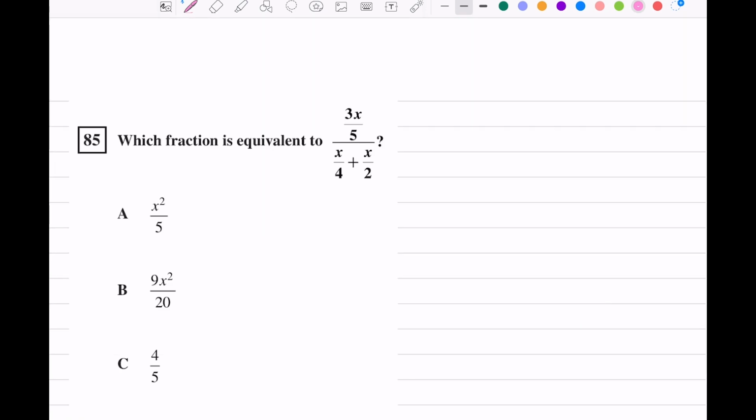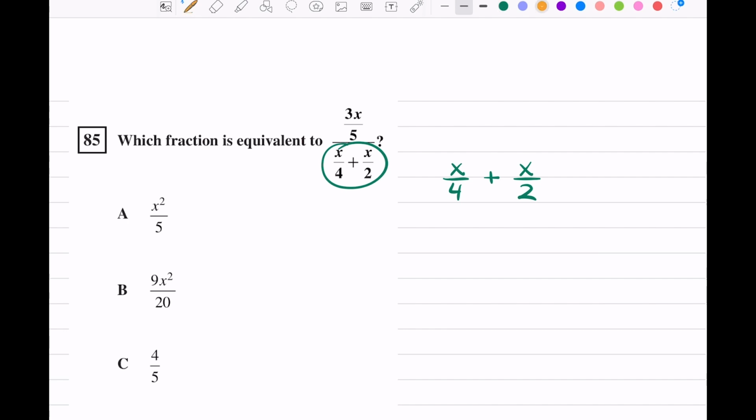Which fraction is equivalent to 3x over 5 divided by x over 4 plus x over 2? So we'll start off by adding these two fractions. We have x over 4 plus x over 2. When we add fractions, we need to get a common denominator.